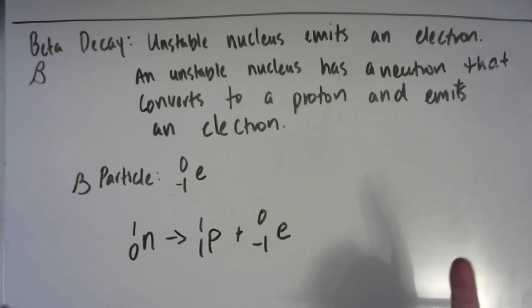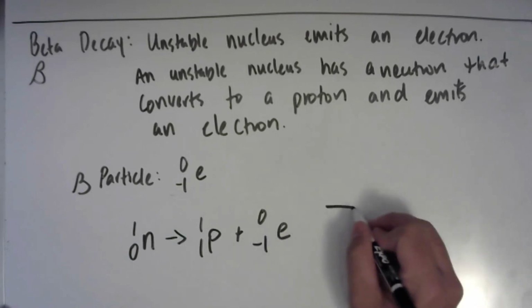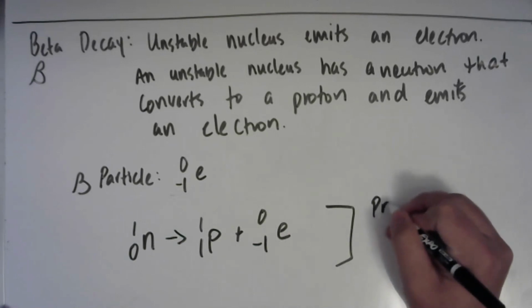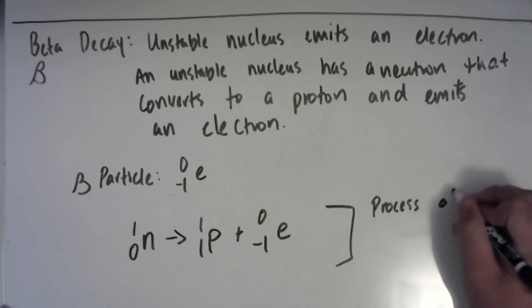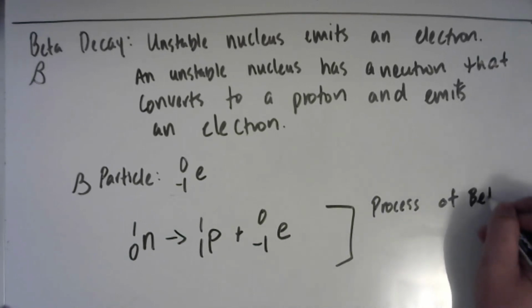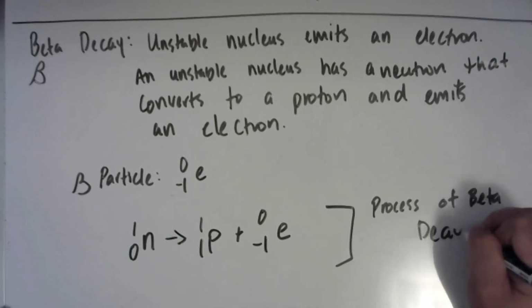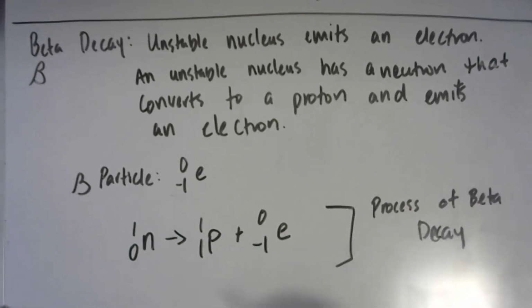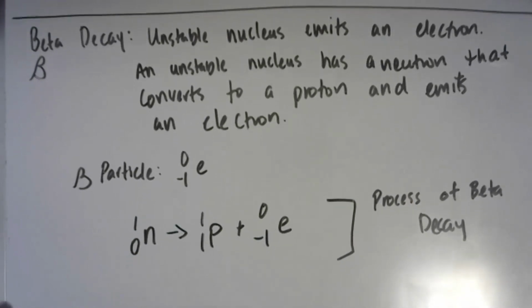And notice, just like we saw before, just write this down: the superscript on the left, when I add up the superscripts on the right, they add up to the same number. When I have my subscript on the left and I add up the subscripts on the right, they add up to the same value. So that's still true here.